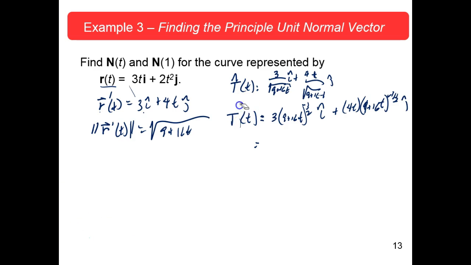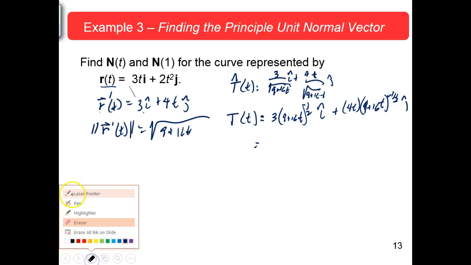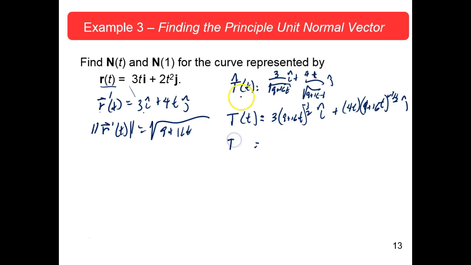I changed my mind. That's your T of t, not T prime. It's just rewritten that one. Okay. Now we do T prime. Oh. Now, wait. Still got it backwards. Not backwards, but just a little bit wrong.